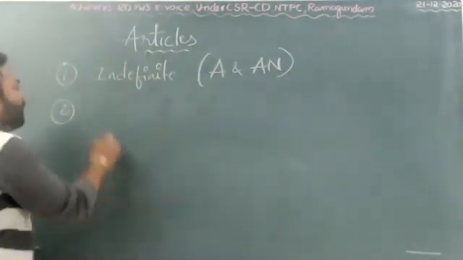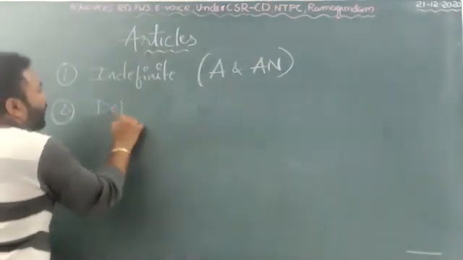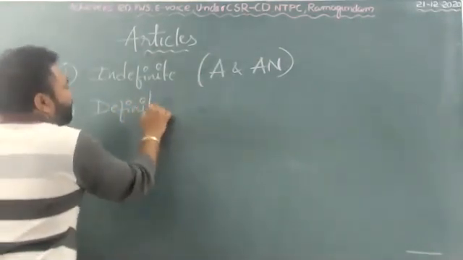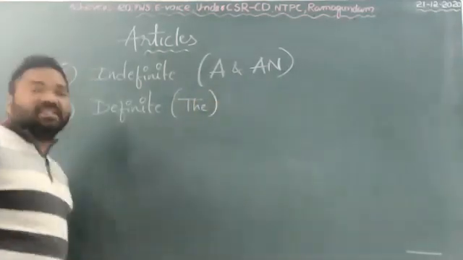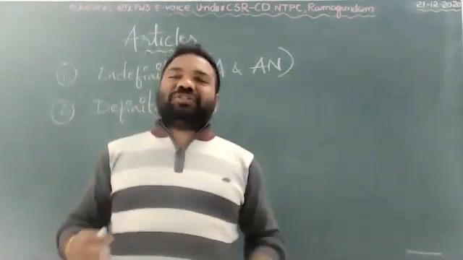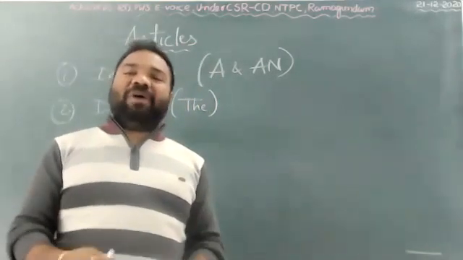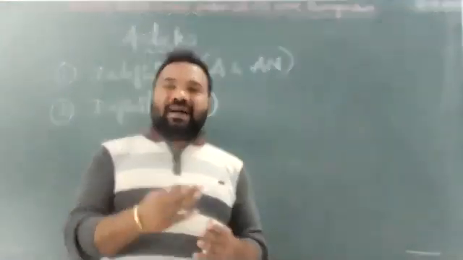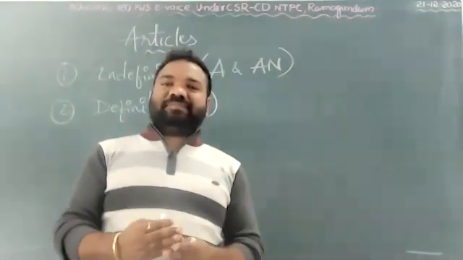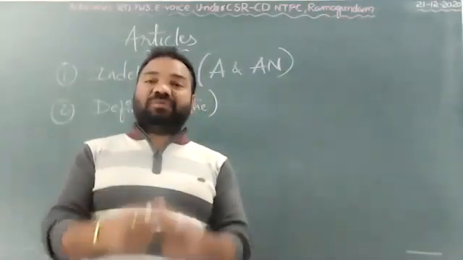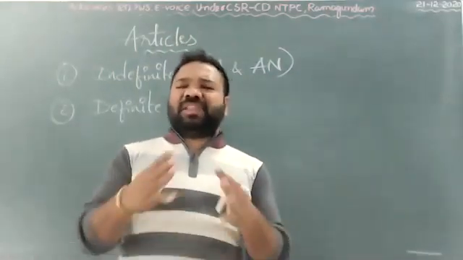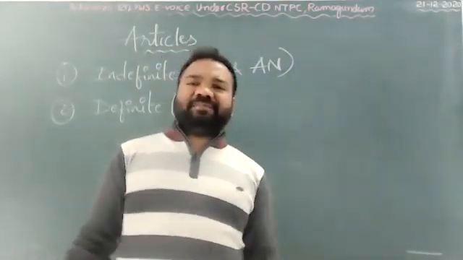And the second one that we have here is definite. Only one we have, that is the. So today we are going to learn how to use these three articles, a, an and the, and how to put them in your examinations without any errors.